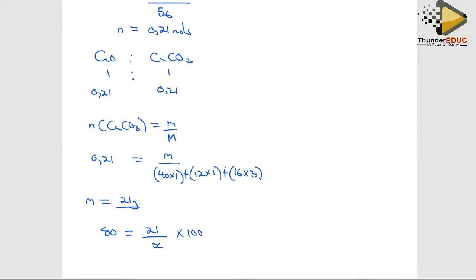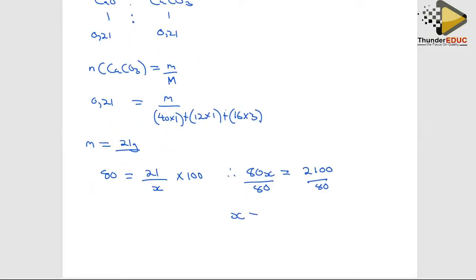Substituting into the formula, I get 80x equivalent to 2100. Divide both sides by 80. Therefore, x is equivalent to 26.25 grams. So this is the mass of the impure calcium carbonate.